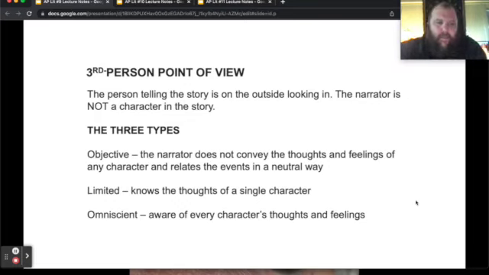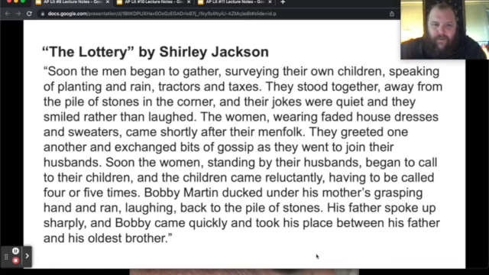All right. We're going to look at an example in fiction. So I want to look at an excerpt from a phenomenal short story that is pretty popular. This is a popular story, at least within English classes. It's called The Lottery. It's by Shirley Jackson.